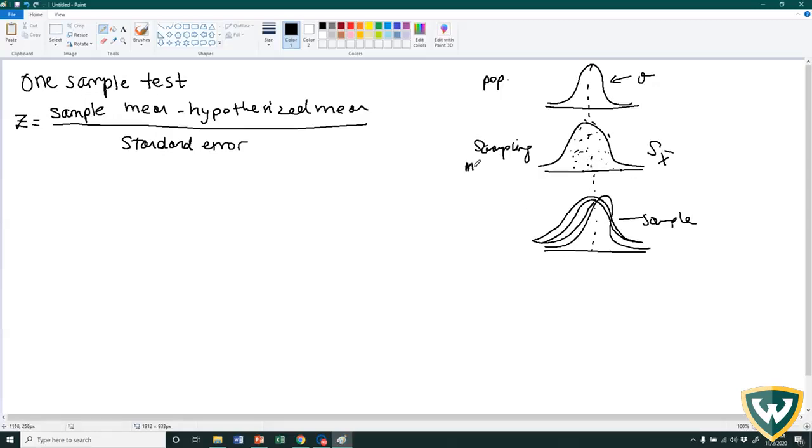Means of different samples, means of many samples plotted together. And this is actually only one, so let's erase the rest and leave only one curve right there, and that's the one curve you have as the sample distribution, right?